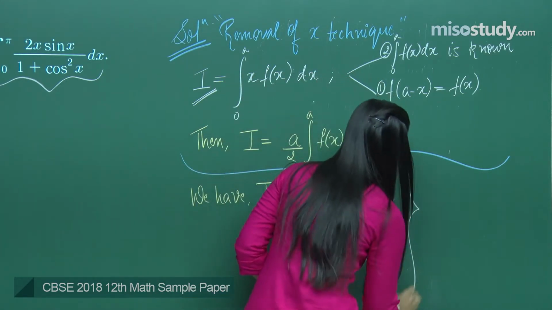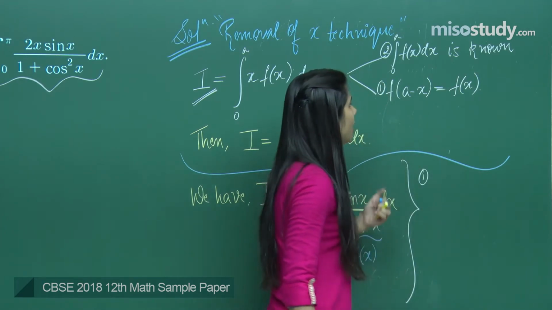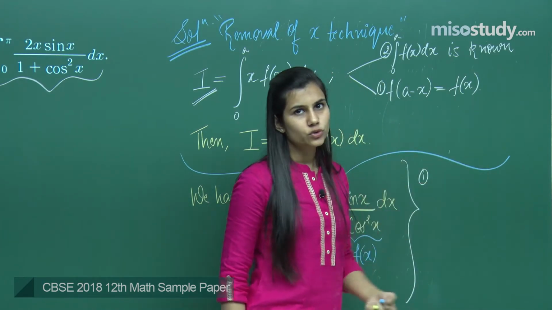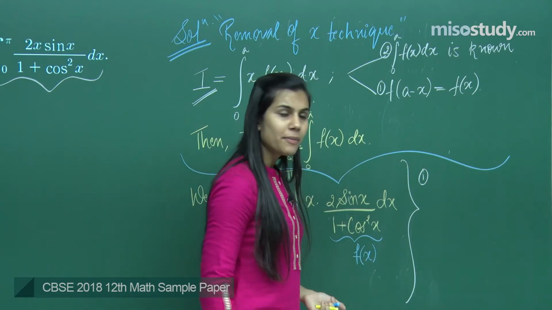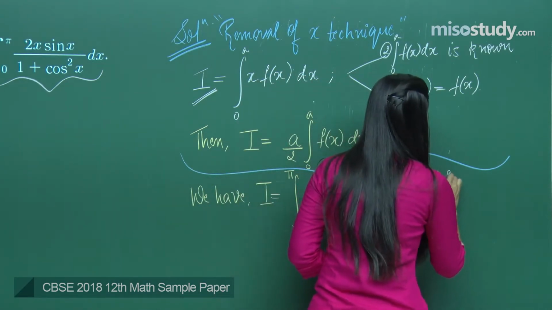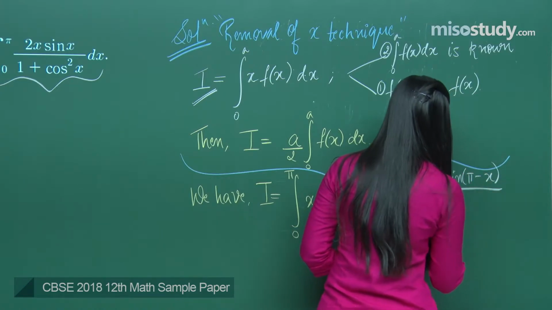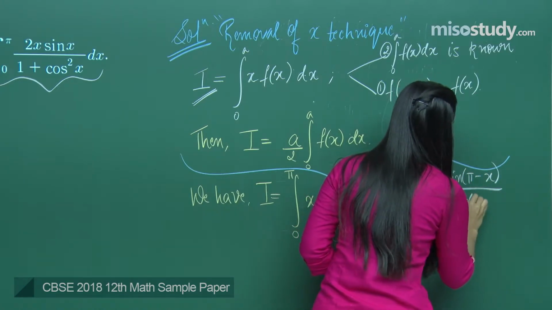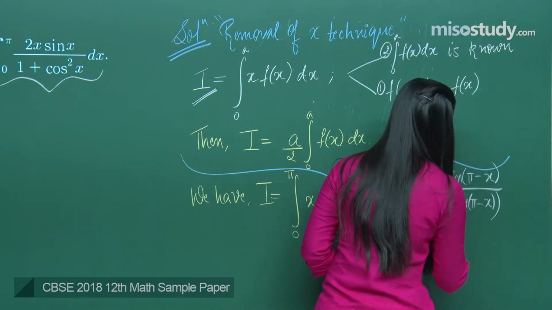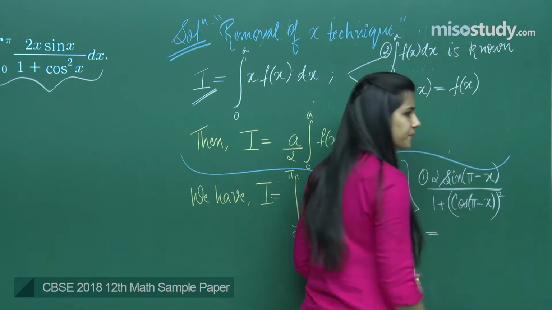So the first thing that I need to show is f of pi minus x is equal to f of x. What is f of pi minus x? It will be 2 sine of (pi minus x) whole upon 1 plus (cos of (pi minus x)) the whole square.